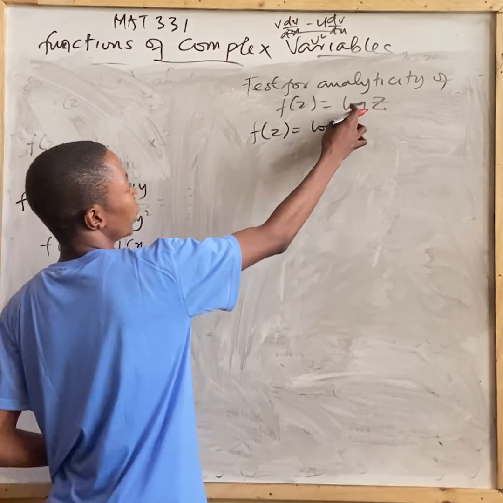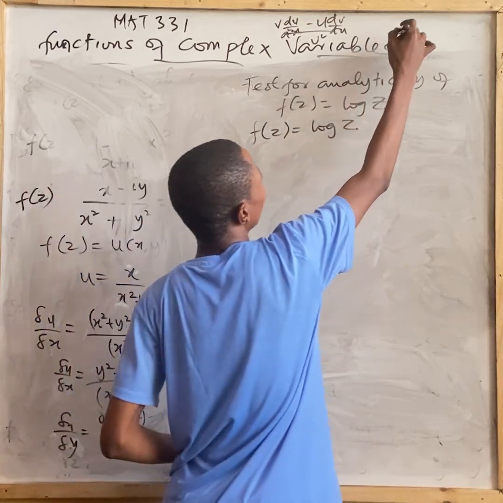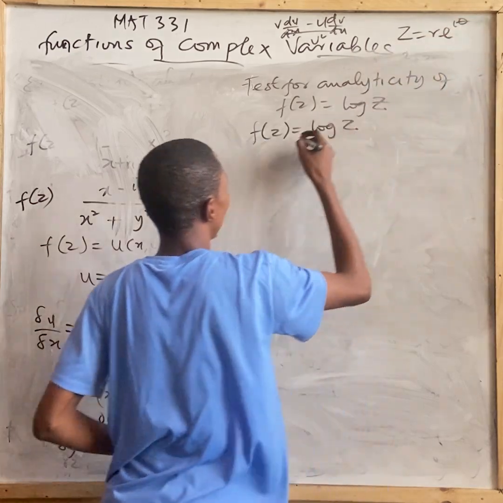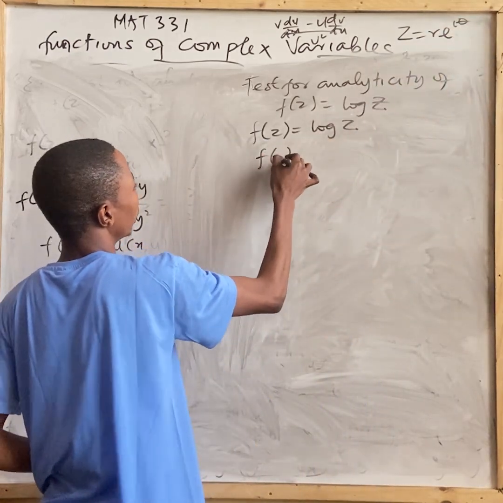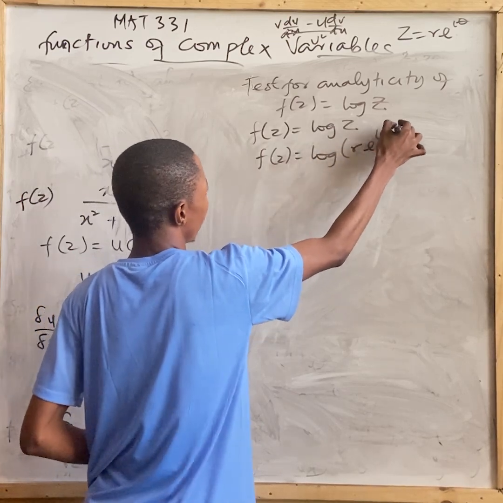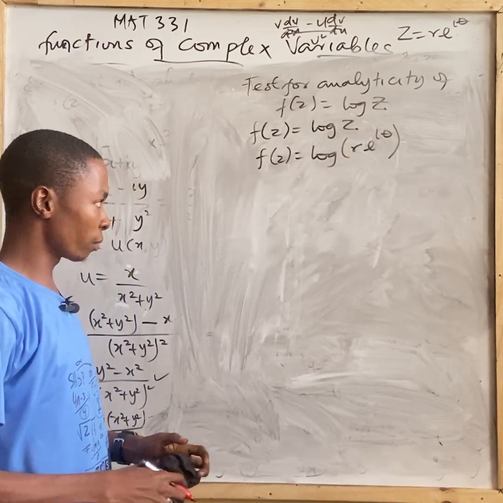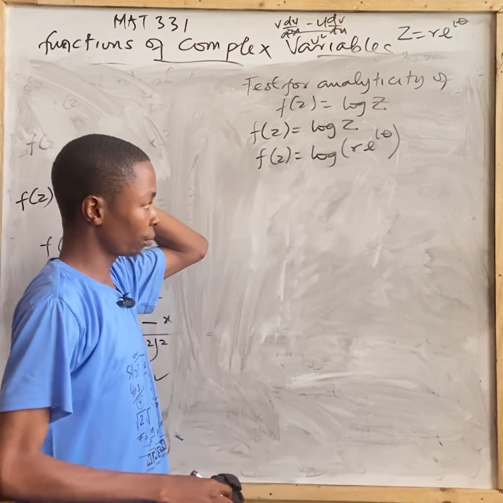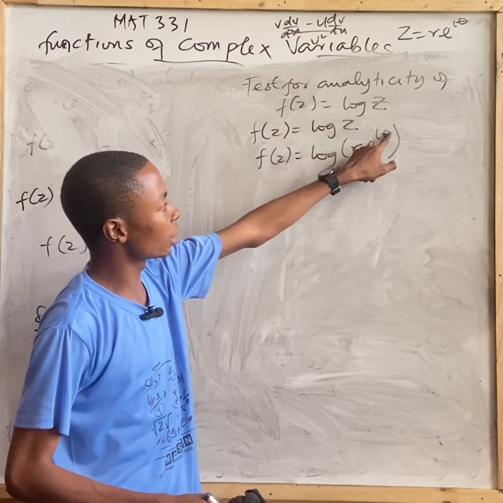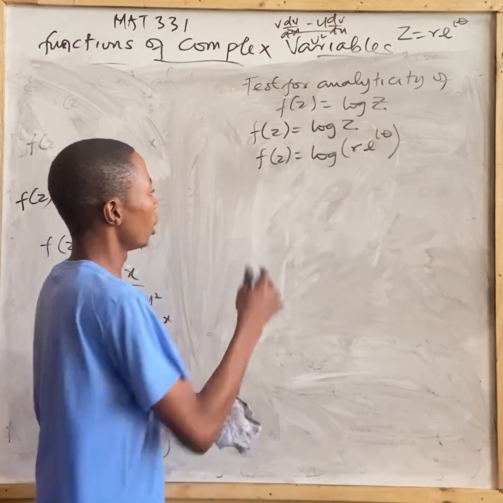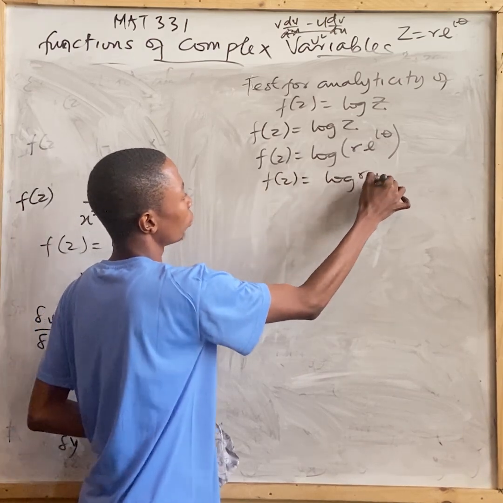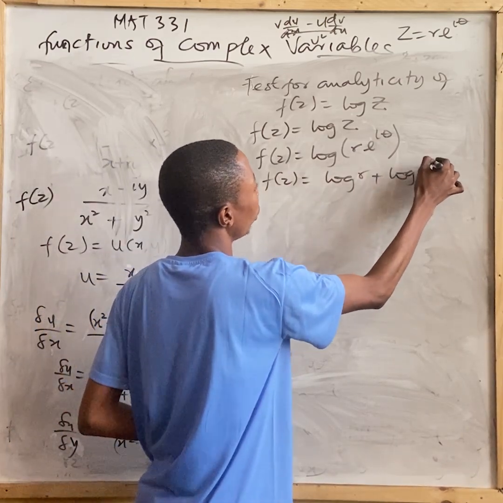If I start with the exponential form, r e to the i theta, then f of z is log of r e to the i theta. What is r? From our previous video, r is the modulus of the complex number, while theta is the argument.